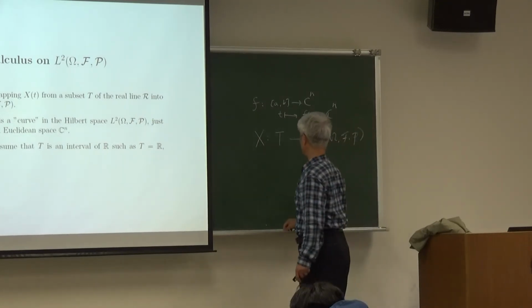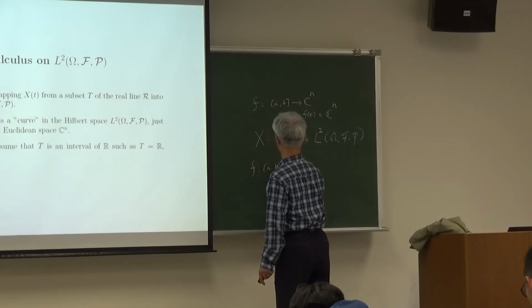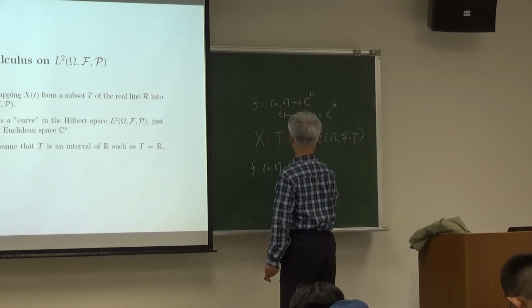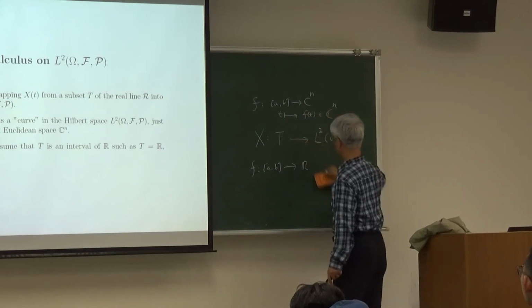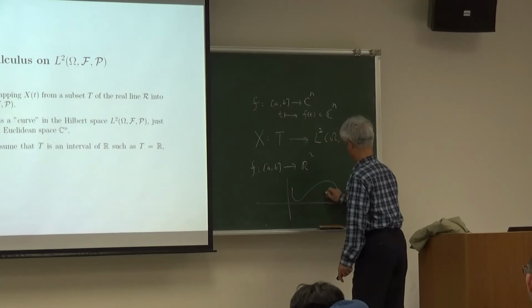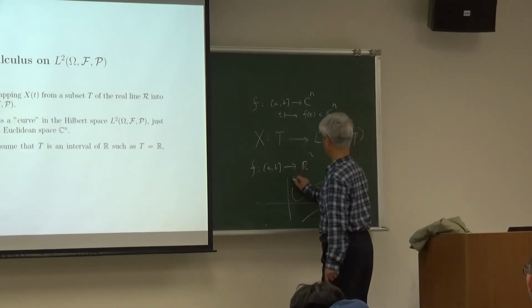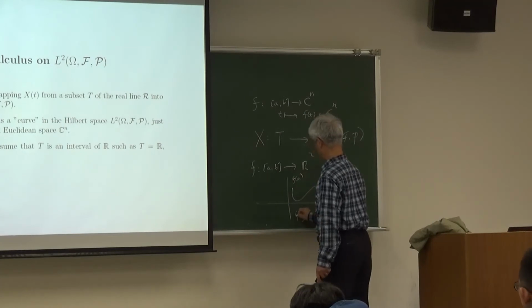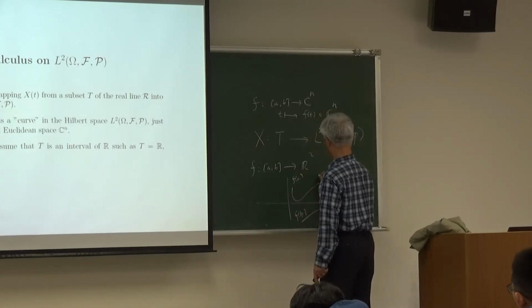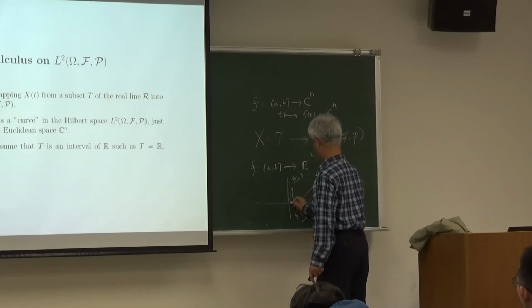For example, for a curve from [a, b] to R2, in a plane, this is f(a), this is f(b), and here this is f(t).